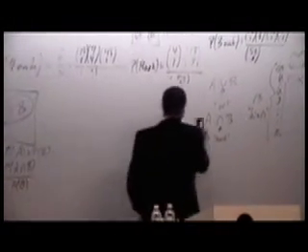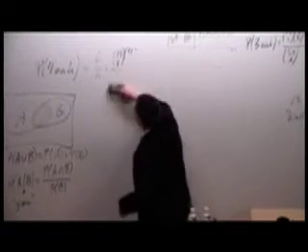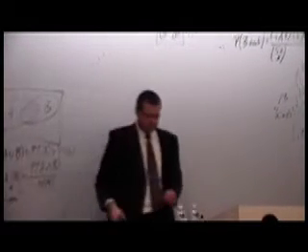Okay, so we know that mutually exclusive events can't be independent, so we know there has to be an overlap, right? The question is, how much of an overlap?